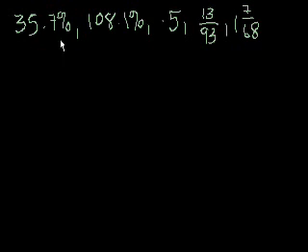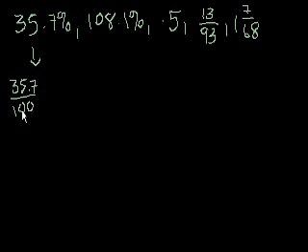So let's start with this 35.7%. Let's turn this into a decimal. The easiest thing to remember is if you have a percent, you just get rid of the percent sign and put it over 100. So 35.7% is the same thing as 35.7 over 100. Like 5% is the same thing as 5 over 100, or 50% is the same thing as 50 over 100.